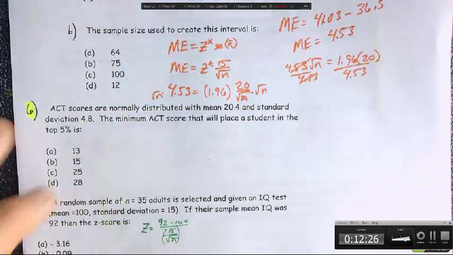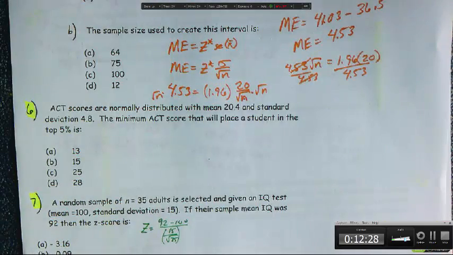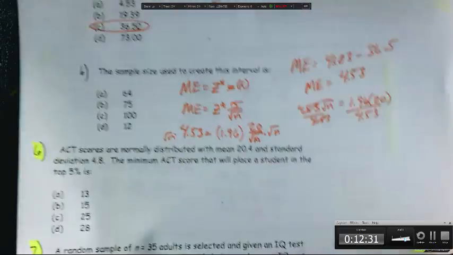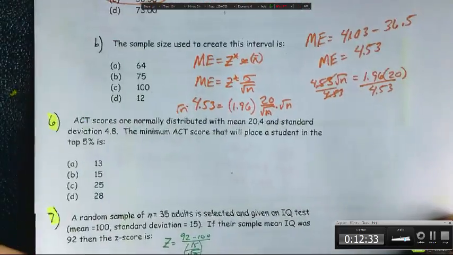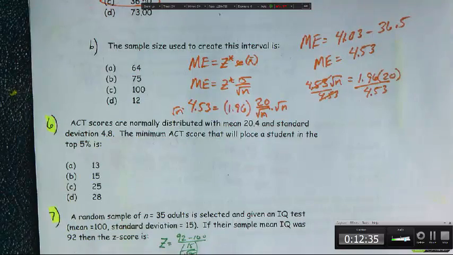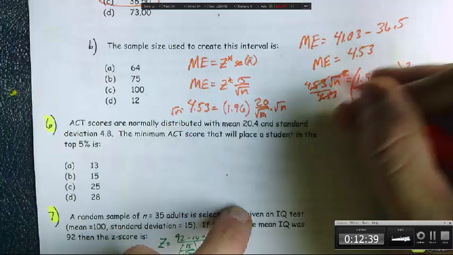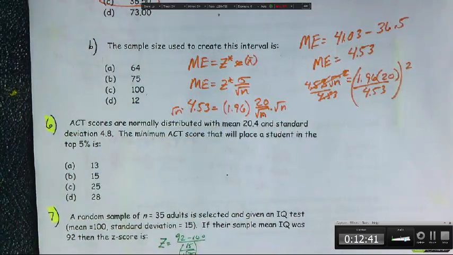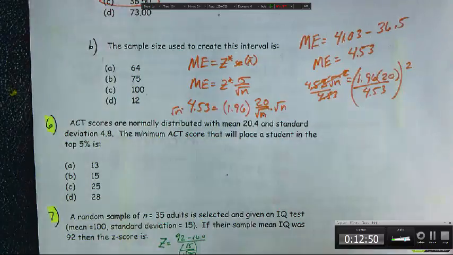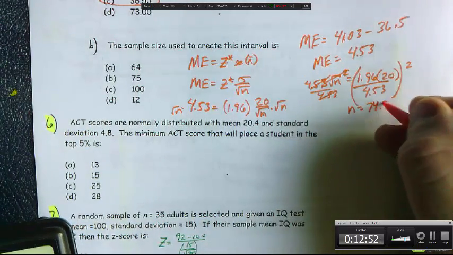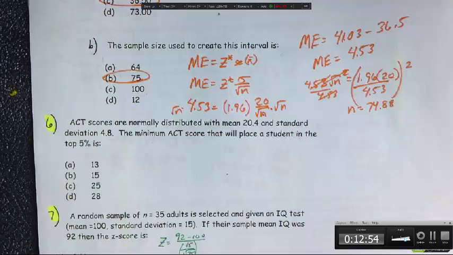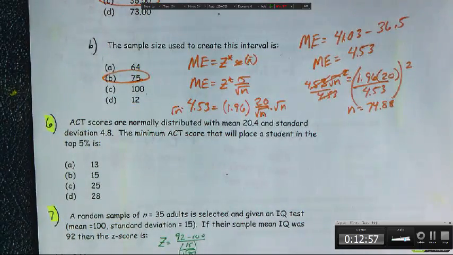And to get rid of the square root, we would square. Then you just type it in: 1.96 times 20 divided by 4.53, and then squared gives you n equal to 74.88. The answer is B, 75.